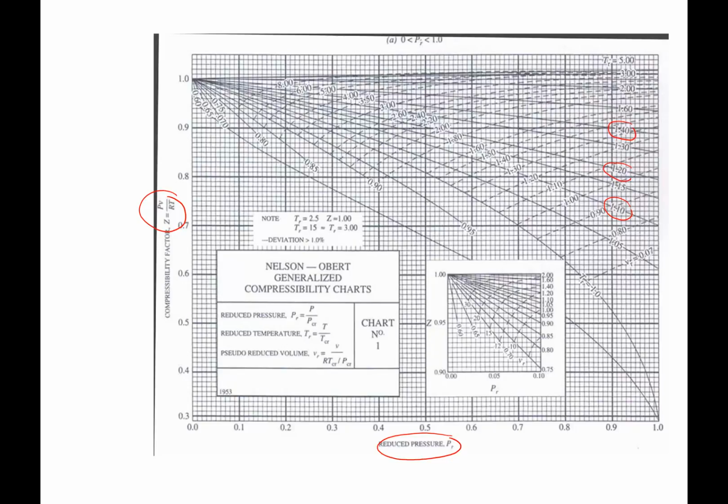That's the one we want. So we want to follow along this line of 1.4, which goes like this. And we want to come in at 0.59, which is here. So 0.59 comes up this way.